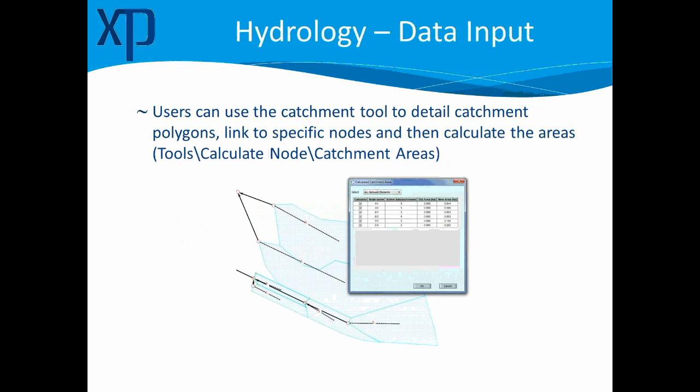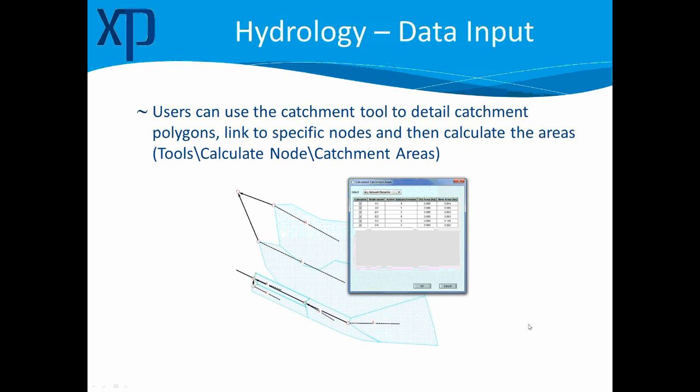We're going to jump into some hydrology input points. Users can use the catchment tool as a feature within the software to define your catchment areas. These are total catchment areas, and then link to specific nodes to calculate those total areas. This is a handy element for quality assurance inside your model.